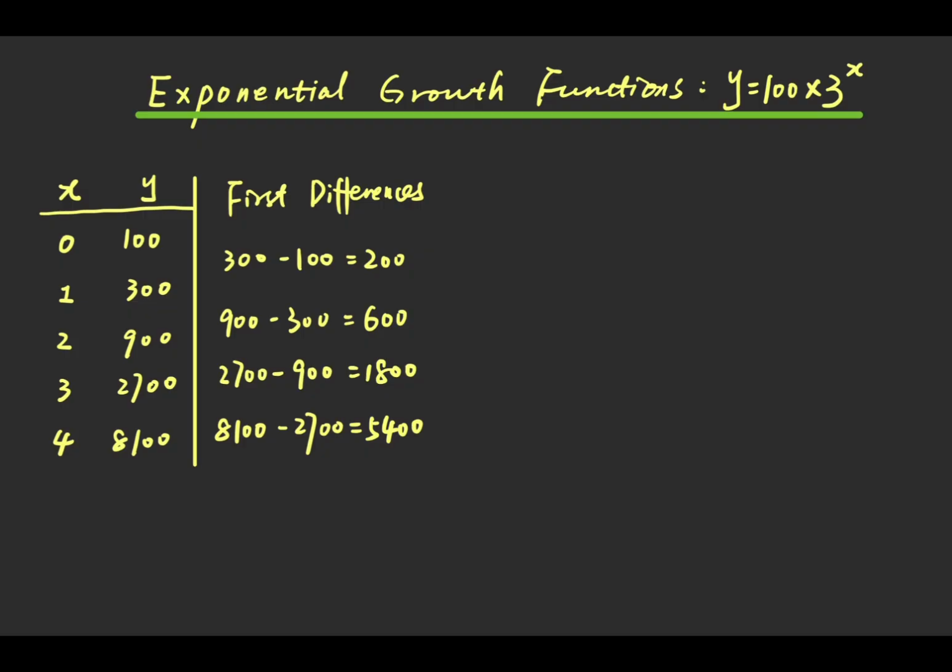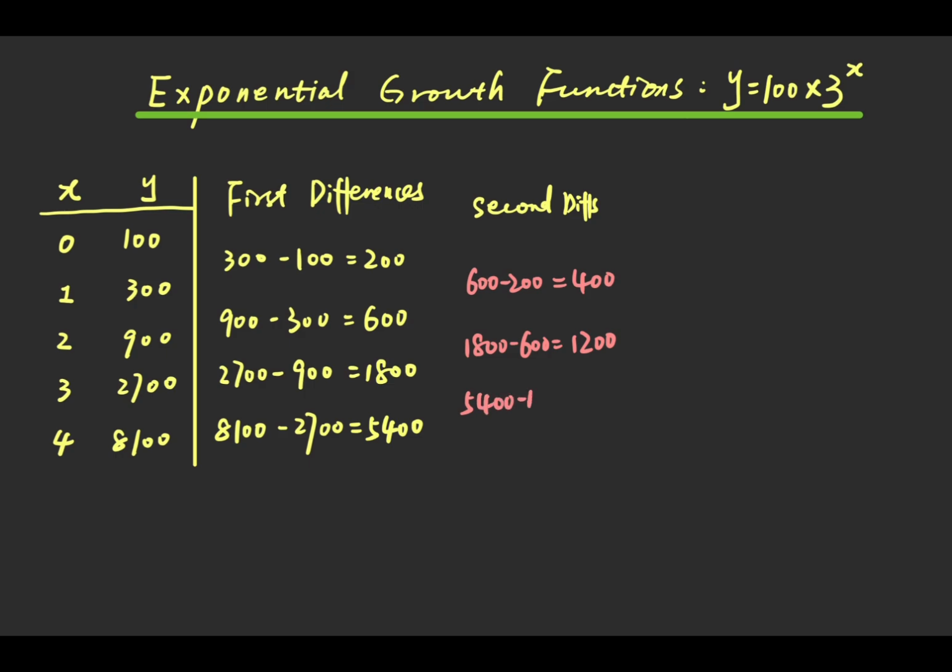Then you can figure out the second differences. This time you need to use this one to subtract this one. That is to say, 600 minus 200, it will be 400. And this one minus this one, it will be 1,200.